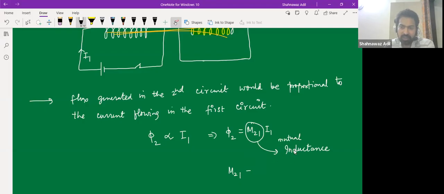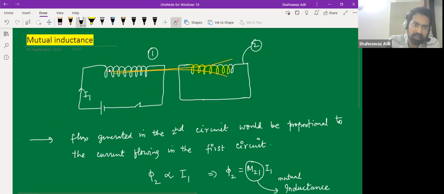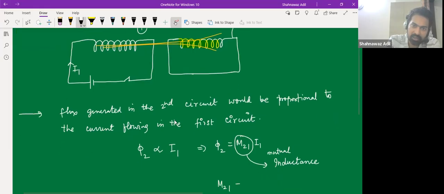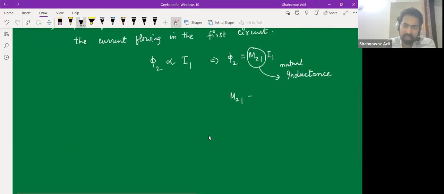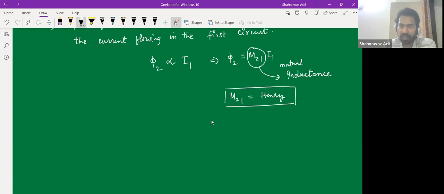We'll also learn about self-inductance. Did I write conductance? Because conductance is about the conductors, right? The SI unit of inductance is Henry, denoted by H.